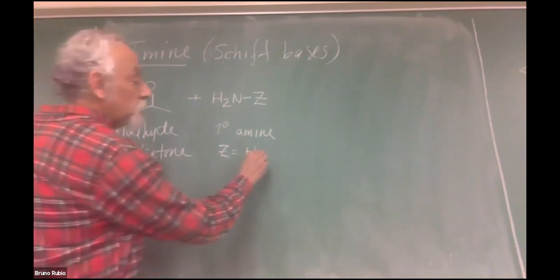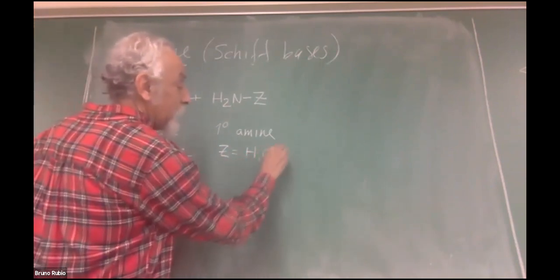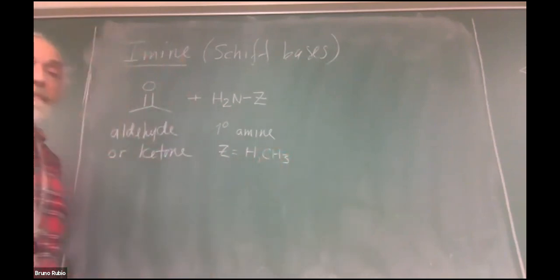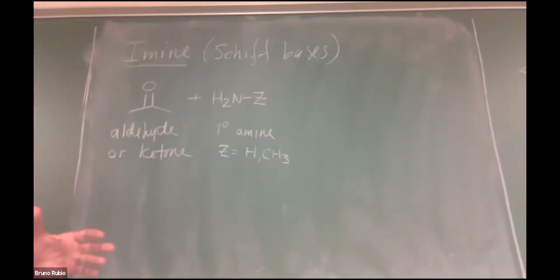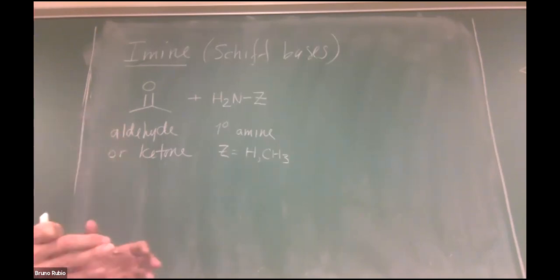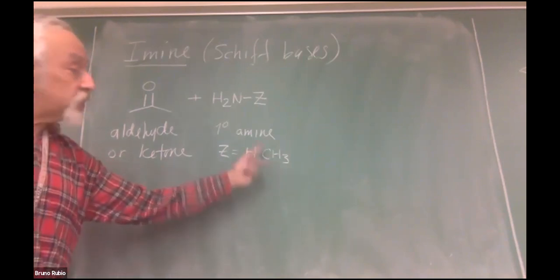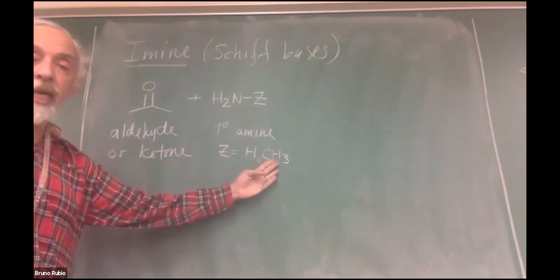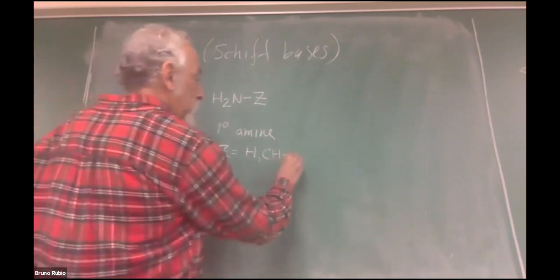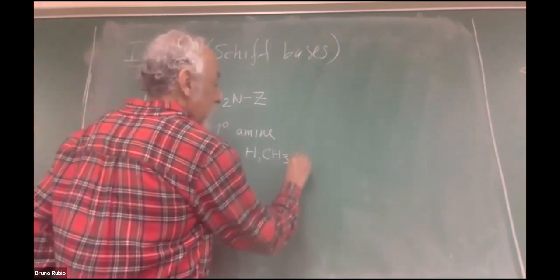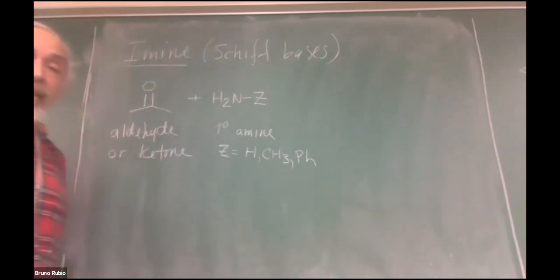Z could also be an organic group, such as a methyl group, right? Nitrogen forms 3 bonds. You're looking for a primary amine. A primary amine means NH2, but nitrogen is going to form a third bond to something else. That something else could be a methyl group, or it could be a benzene ring.